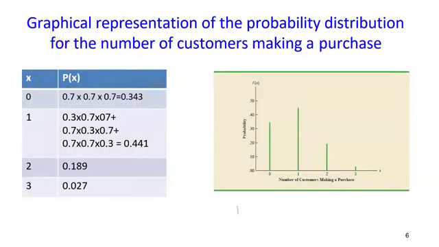Now tell me what is the probability of having at most two people buying or making a purchase. How will you calculate at most two? What do you mean by at most two?